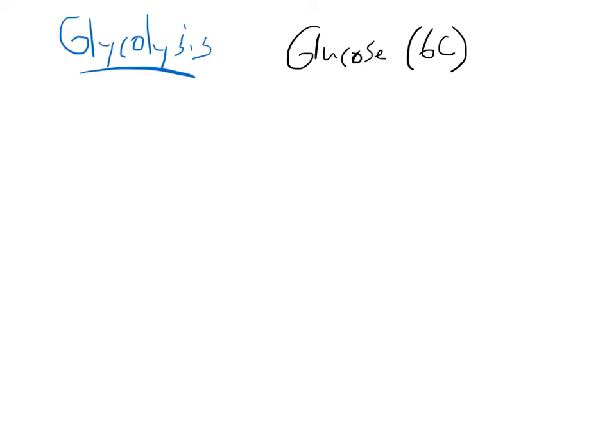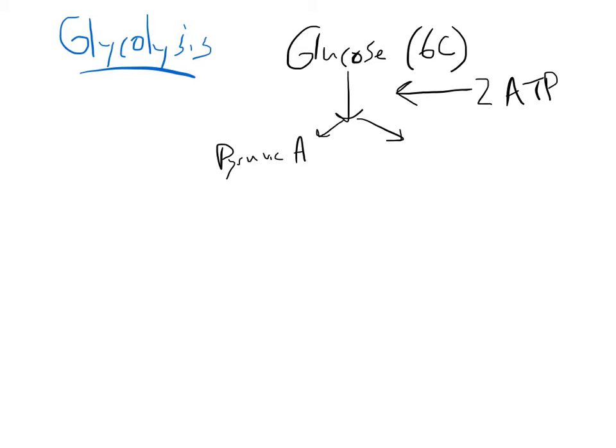So we start by investing 2 ATP. So we got to burn 2 ATP to get this whole thing started. But by doing that reaction, we are able to split glucose into 2 pyruvic acids. For just a moment, it will be called glucose phosphate.